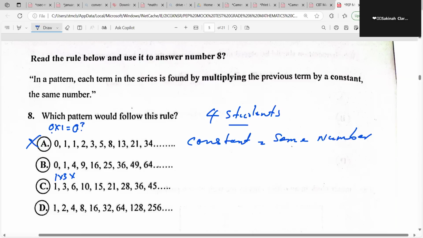So I said D because 1 times 2 is 2, 2 times 2 is 4, 4 times 2 is 16, 16 times 2 is 32, 32 times 2 is 64, 64 times 2 is 128, and so on.